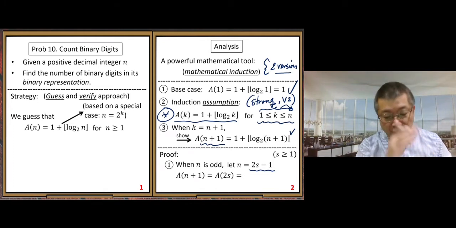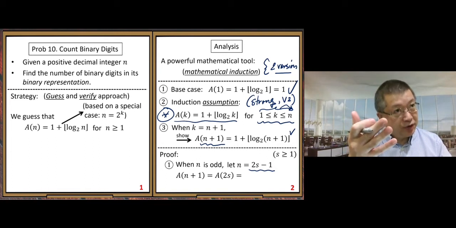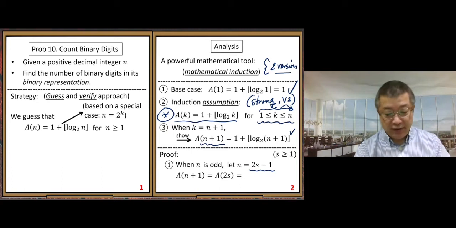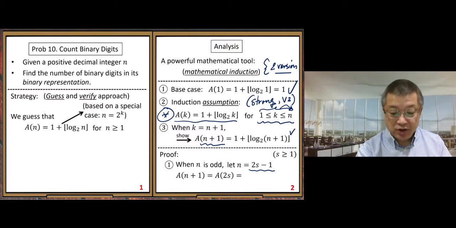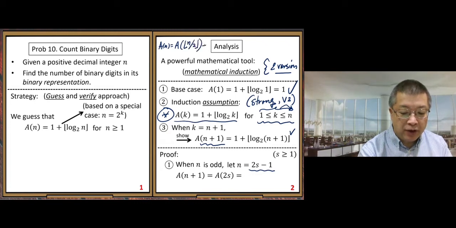Here, a of n plus 1 equals, by variable substitution, a of 2s. Then we apply the recurrence relation, a of n equals a of floor of n over 2, plus 1.